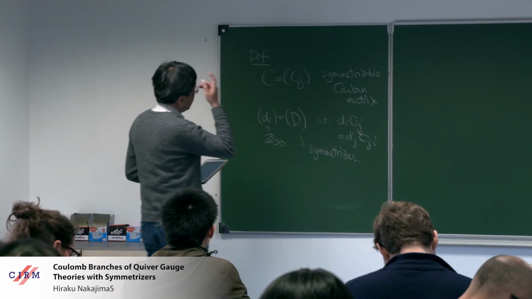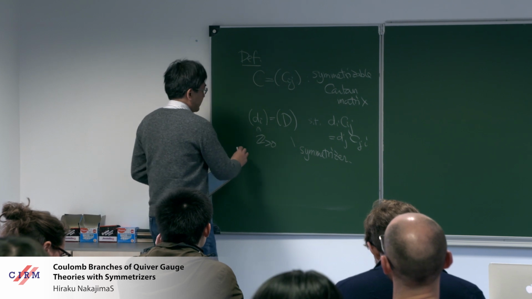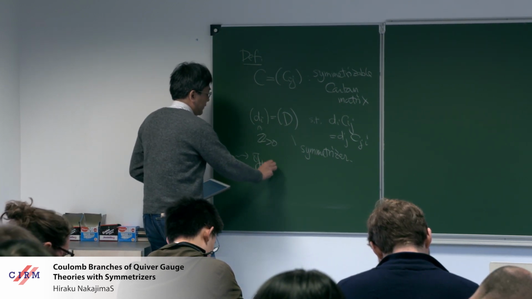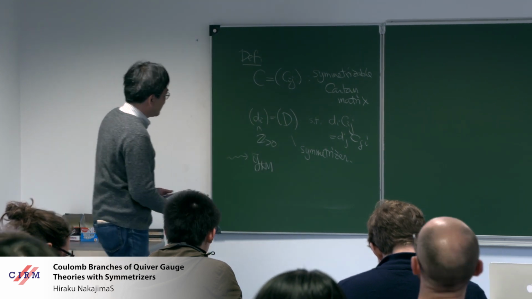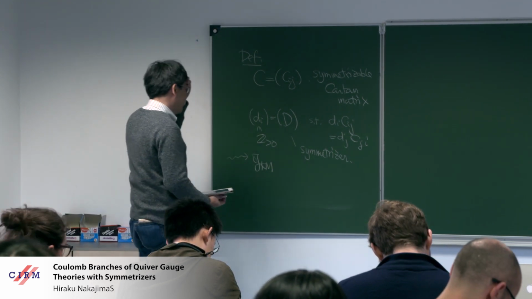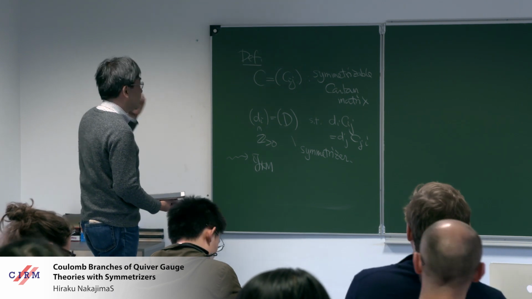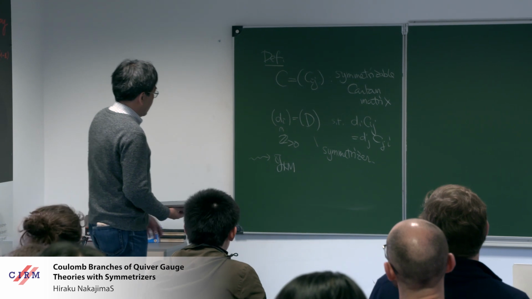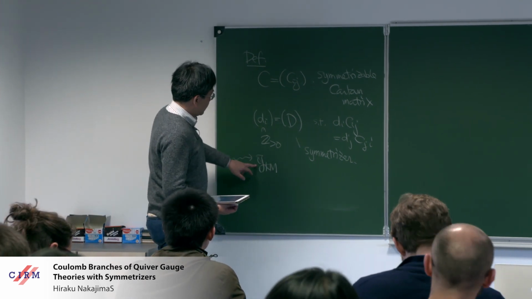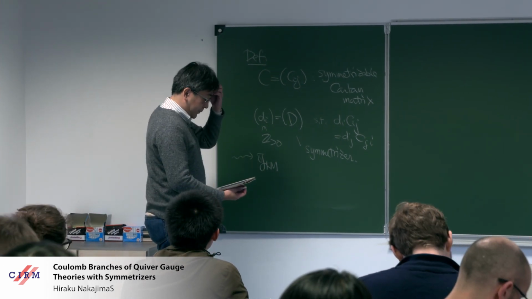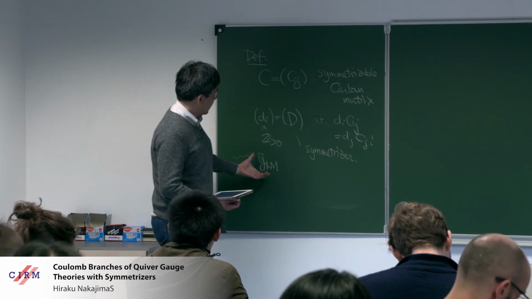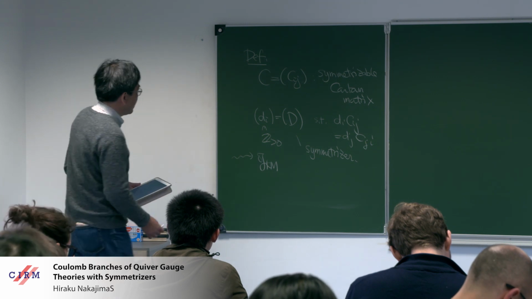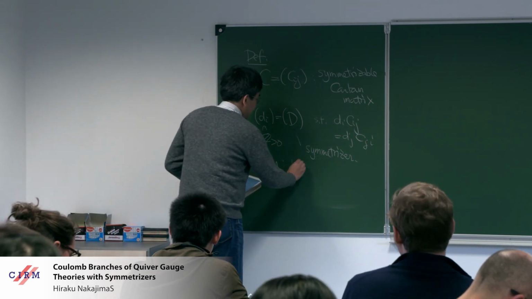And for a given such symmetrizable Cartan matrix, one can associate a Kac-Moody algebra. In fact, this symmetrizer is not necessary, but if you assume the existence of a symmetrizer, then you have an invariant inner product on this Kac-Moody algebra, and various properties are nicer.